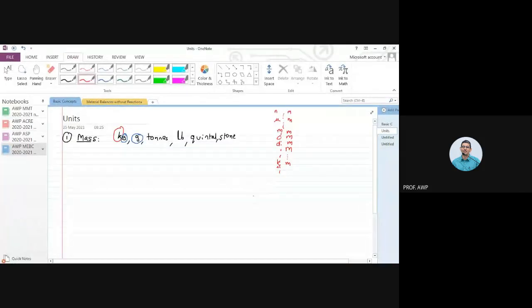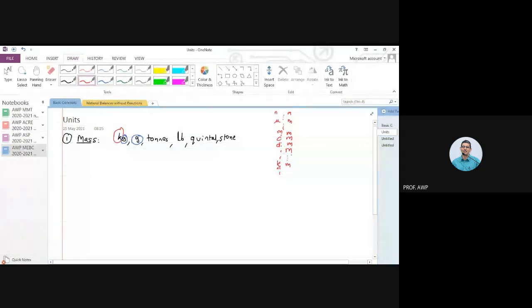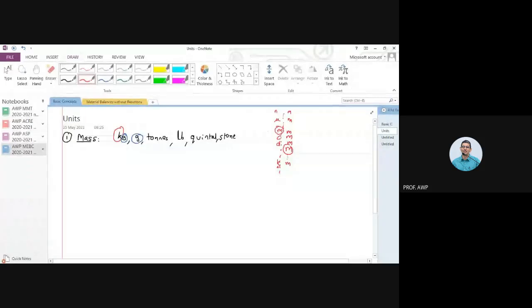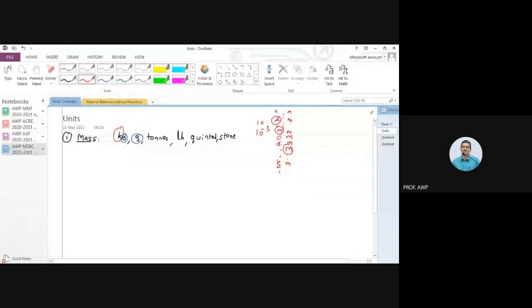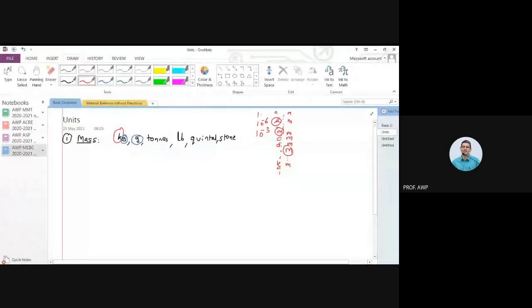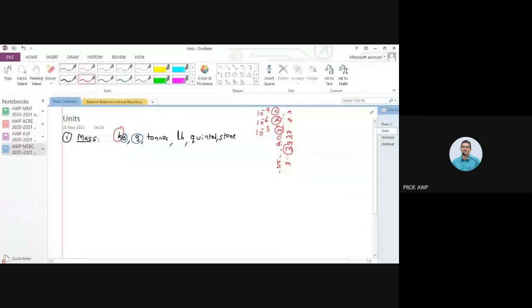So prefixes that we are using tell us multiples of what that quantity is. So if I say meter, a millimeter is 1,000th of a meter. Millimeter is 10 raised to minus 3, micrometer is 10 raised to minus 6, nanometer is 10 raised to minus 9, kilometer is 10 raised to 3.